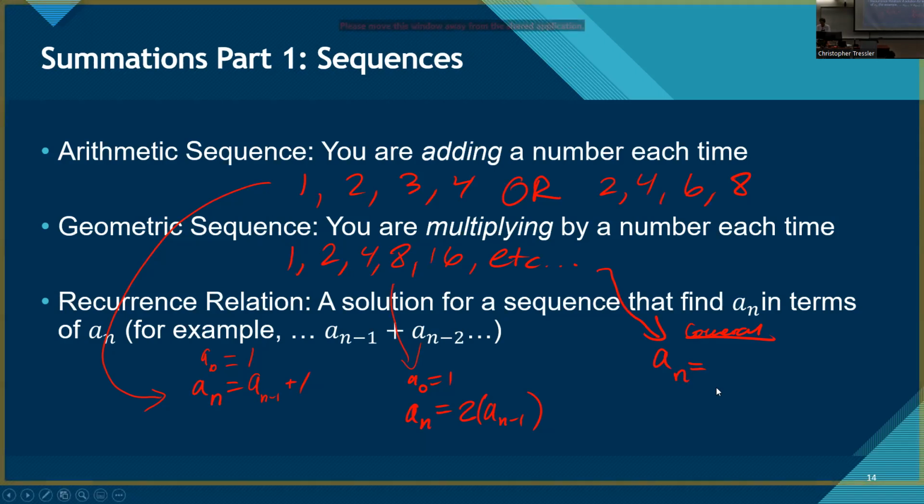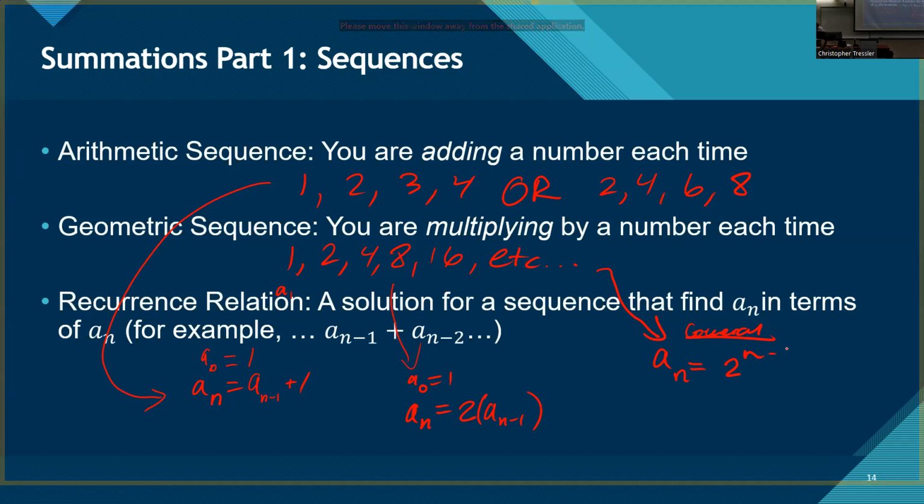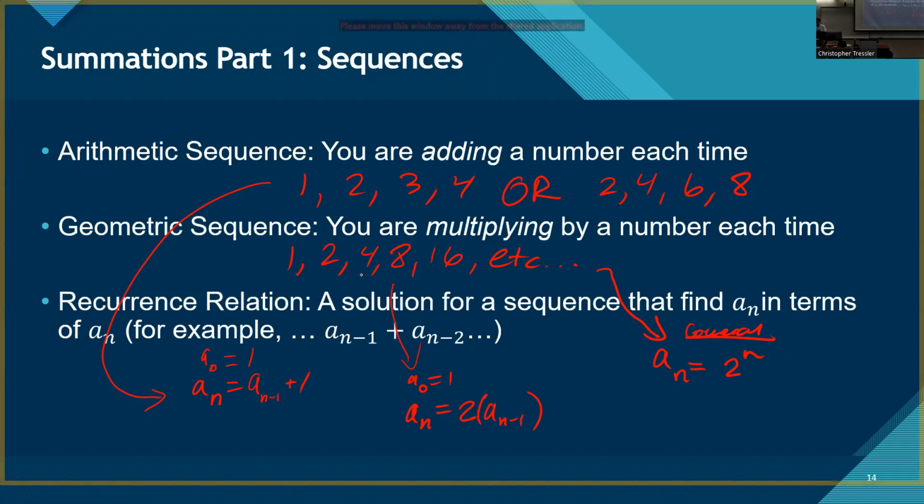So if we plug in 0, we want to get 1, so it would basically be a of n equals 2 to the n. That way, if we plug in 0, we get 1, or 2 to the 1, we get 2, 2 to the 2, we get 4, right? Okay, so that makes sense. Sometimes, let's say somebody said that this was a of 1 instead of a of 0, then keep in mind this would be 2 to the n minus 1, but I did not define it that way. I defined it as 0, so we'll keep it at that.